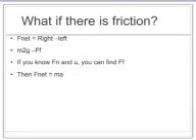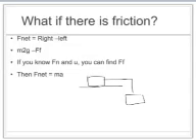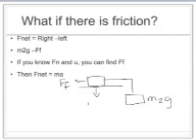Now that was a frictionless surface. If there is friction, it doesn't change it a whole lot. We still have our m2g pulling the block, but friction would be off in this direction. So we're kind of doing a right minus a left. And the way that we're going to figure out the frictional force is we're going to have to find the weight of m1, and that will equal the Fn, the normal for m1.